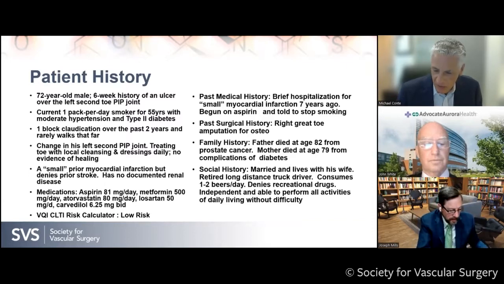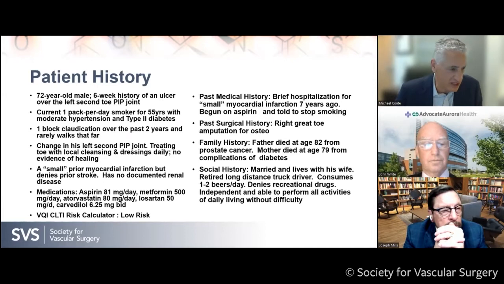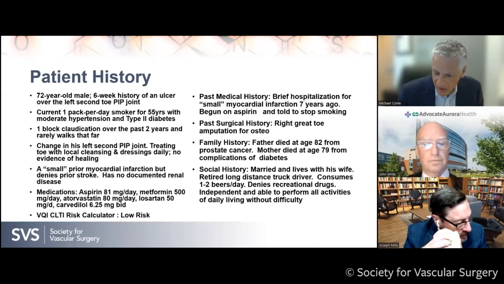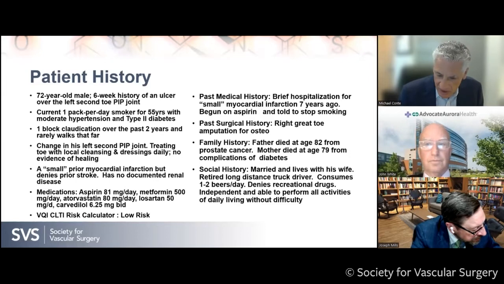He initially had 1 block claudication, but he is not very active. He presented initially with an ulcer over his left second toe, which was present for approximately a month. And he has been treating it with local cleansing and daily dressings without evidence of healing. And recently it's worsened in appearance.